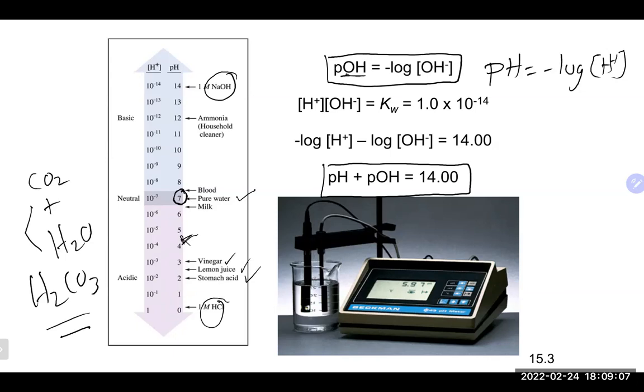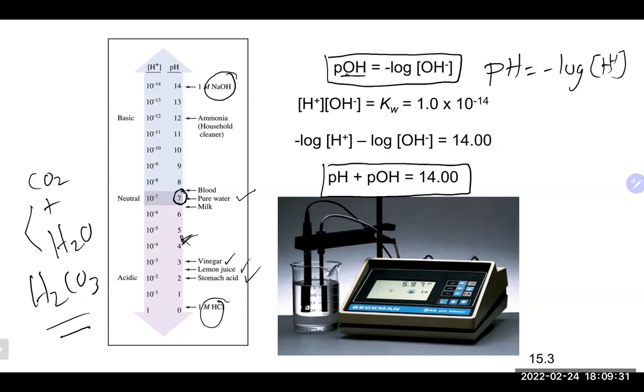So if you're asked that question, is it acidic, basic, or neutral? Only one answer should be given. It should either be acidic, basic, or neutral. It cannot be acidic and basic at the same time. And that sometimes happens because people calculate the pOH and the pH and look at both numbers and give basically both answers. So don't do that.